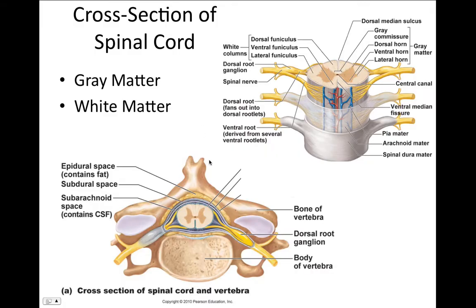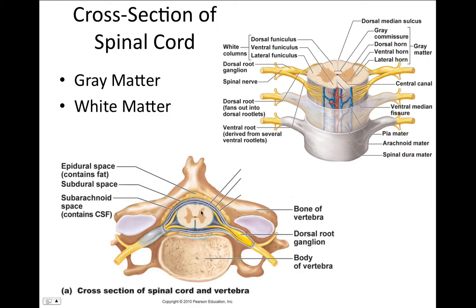Okay. So if we take a cross-section of the spinal cord, as we had discussed a little earlier, you can see the white matter on the exterior and the gray matter on the interior of that spinal cord. So this would be the exact opposite of what you would see in the brain. And of course the gray matter is going to be cell bodies, whereas the white matter is going to be axons, because you have the axons of the neurons coming from the dorsal root into the spinal cord.